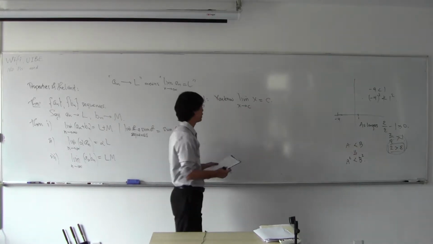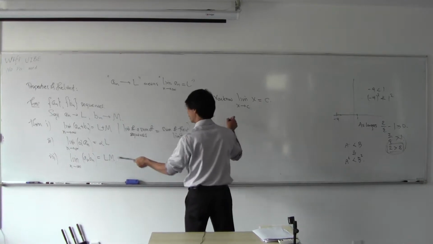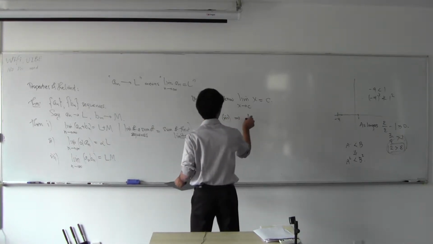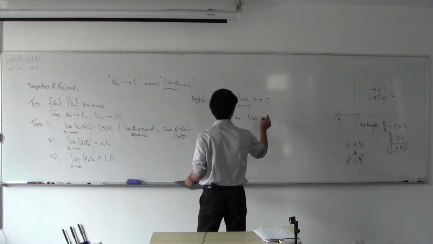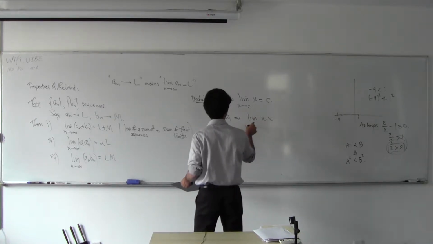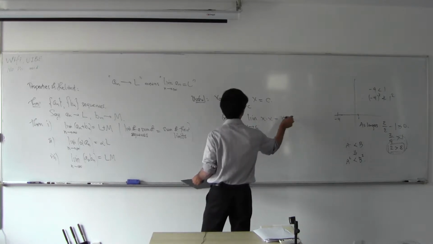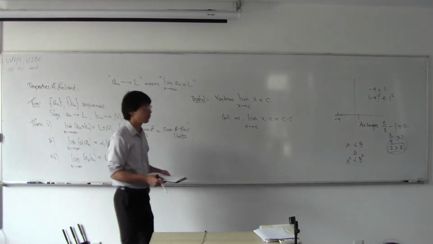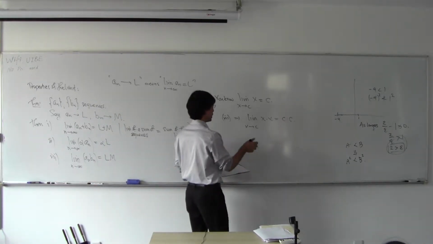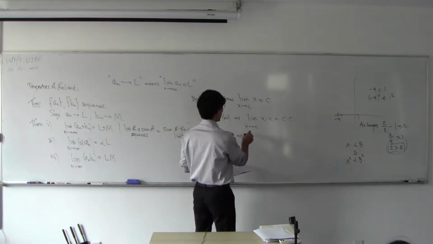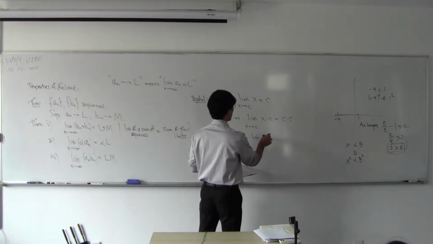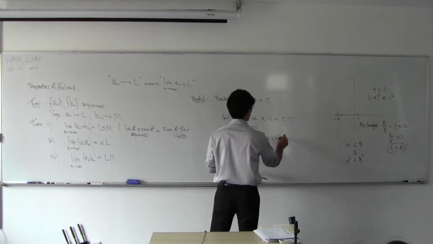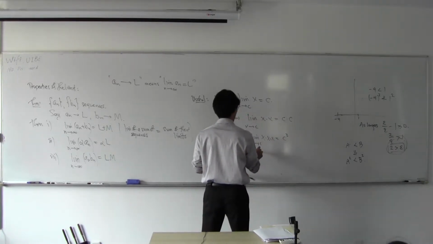Now, if I use property 3, then that tells me that the limit of x times x, as x approaches c, is c times c. And it also tells me that the limit of x times x times x, as x approaches c, is just c cubed.